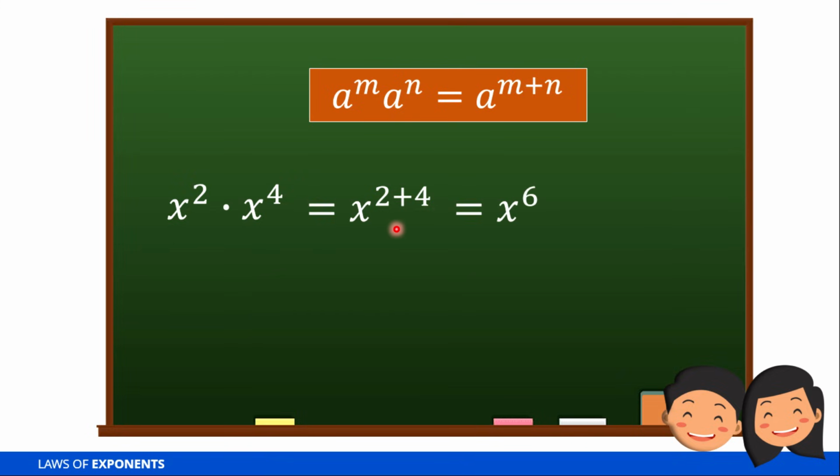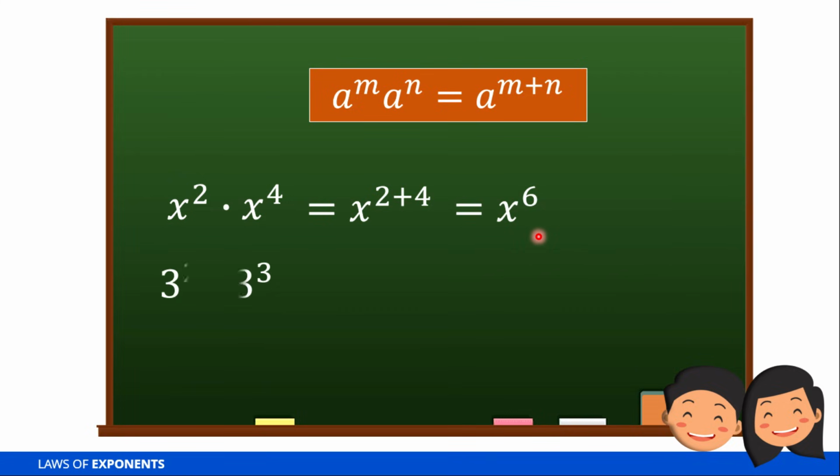So, this will become x to the 6th power. Kasi isa to sa common error. Okay? Kapag same yung base ng expressions na pinagmumultiply natin, hindi natin i-multiply yung kanilang exponent, kundi i-add natin ang kanilang mga exponent, kagaya ng ating ginawa sa ating given. Okay? So, x squared times x to the 4th power is equal to x to the 6th power.